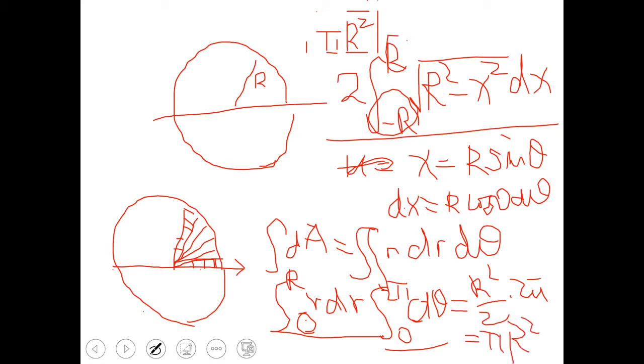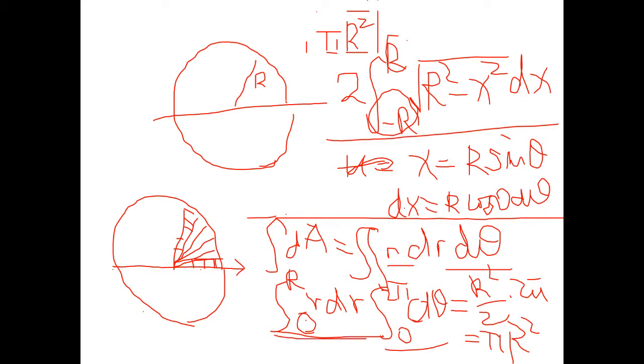This is an example showing that if you use different coordinates to calculate the same thing, the steps may be quite different. The polar one is much easier than the first one. In polar coordinates, the variables can be separated into two parts, so the double integral becomes just two single integrals, and you get the answer.